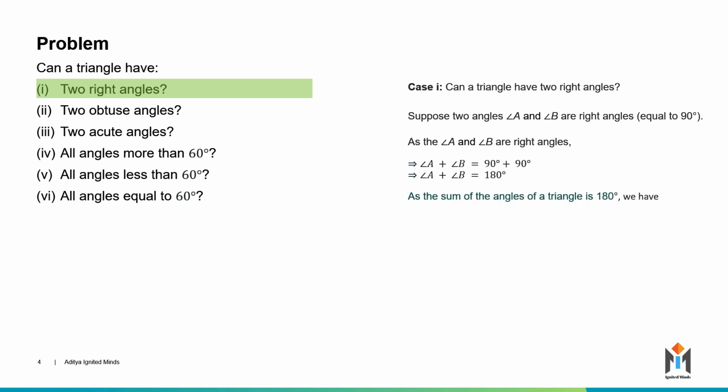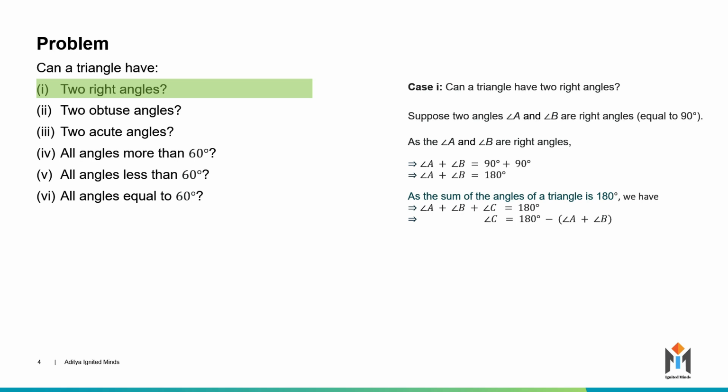Now, going back to the angle sum property of a triangle, wherein the sum of all the angles of a triangle will sum up to 180 degrees, we have angle A plus angle B plus angle C equal to 180 degrees. So let us see what's going to be the value of angle C: angle C equals 180 minus the sum of A and B, right?